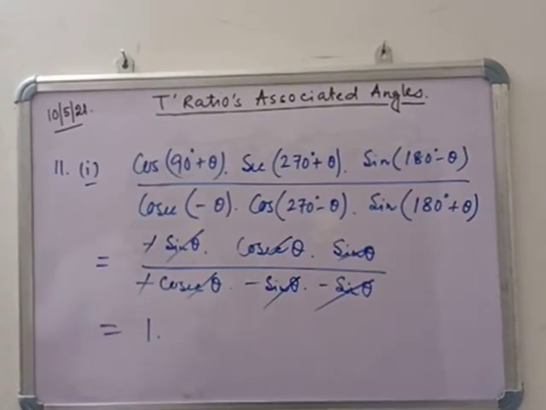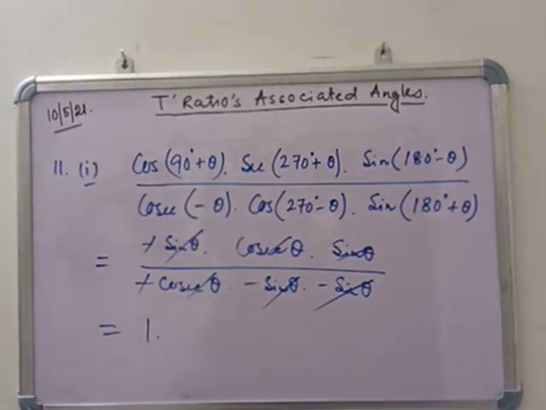Now in 11.1, see that simplify cos 90 degree plus theta into sec 270 degree plus theta into sine 180 degree minus theta by cosec minus theta cos of 270 degree minus theta cos 180 degree minus theta. This is given. So cos 90 degree plus theta, that means in second quadrant, sine and cosec is positive.